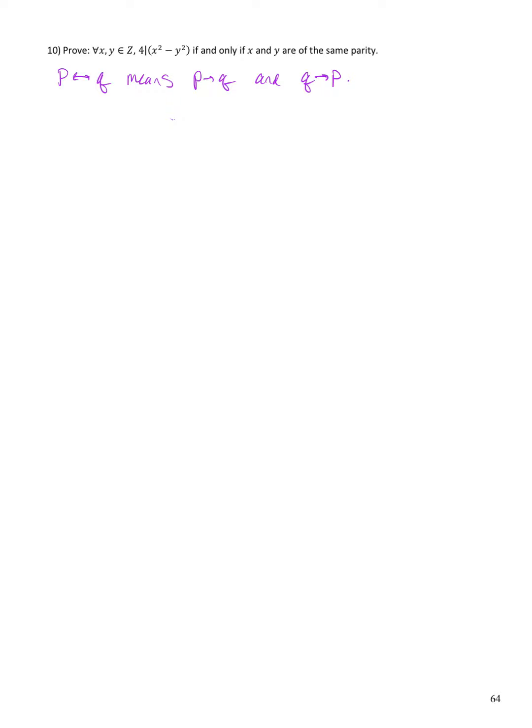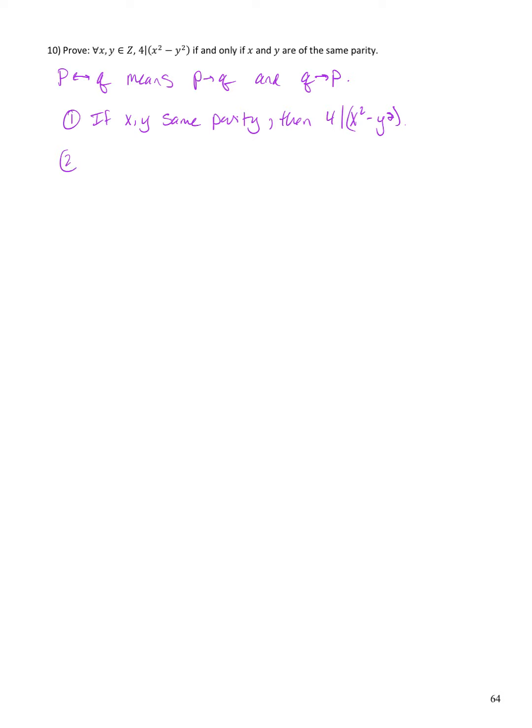I have to prove statement 1, that if x and y have the same parity, then 4 divides x squared minus y squared. That's statement 1 to be proved.